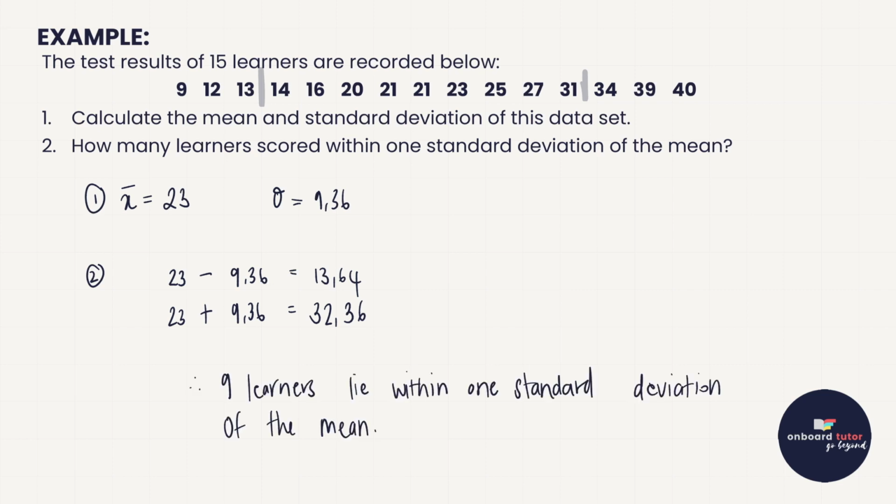So if they were to ask us how many learners scored within 2 standard deviations, then we would just subtract another 9,36 and add another 9,36. So we are basically just trying to figure out what is the deviation between the average and the marks that the learners in my class would have obtained.